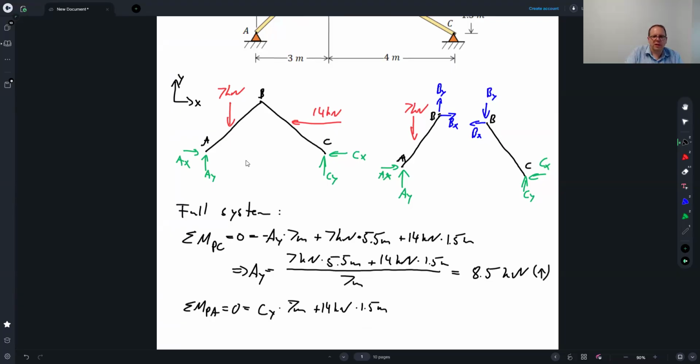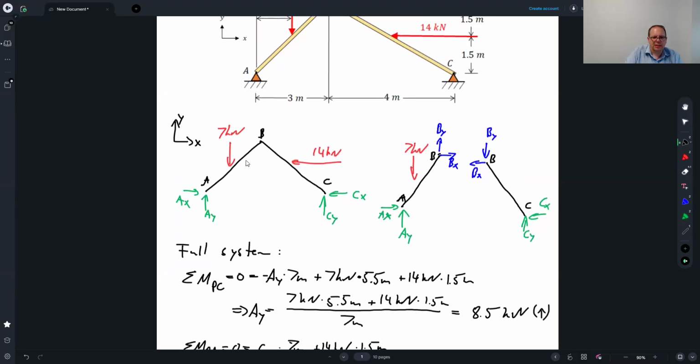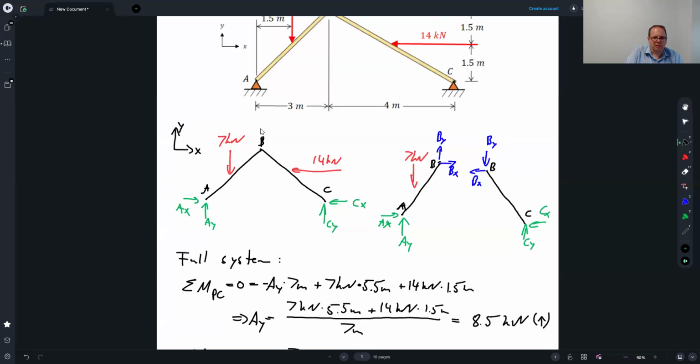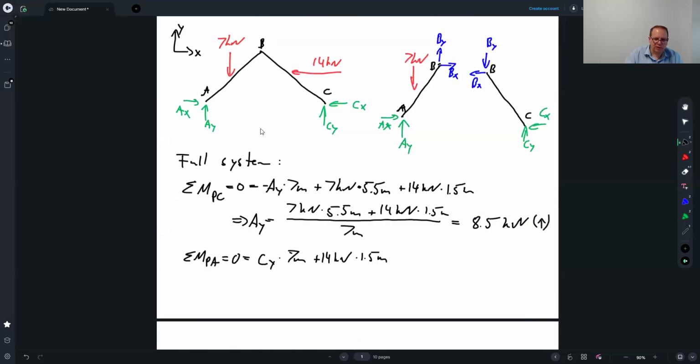The last I have is my 7 kilonewton, which is now going clockwise at 1.5 meters, so minus 7 kilonewton times 1.5 meters.